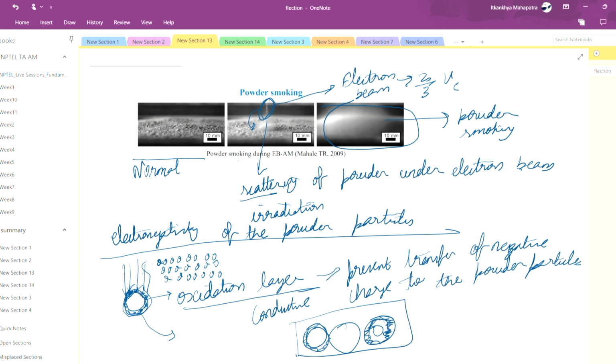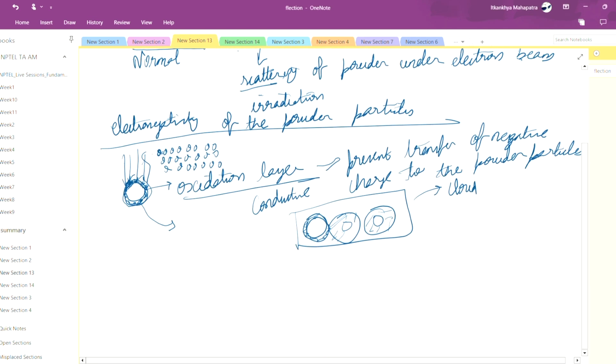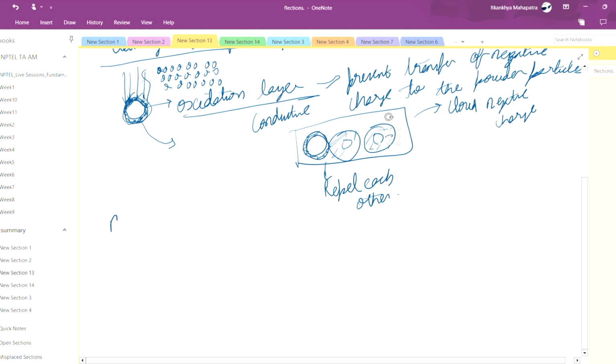They will try to repel each other. So when they try to repel each other, this powder smoking will take place. So there is a method by which we can reduce this type of problem. That depends on how we are spreading the powder: methods to reduce powder smoking.